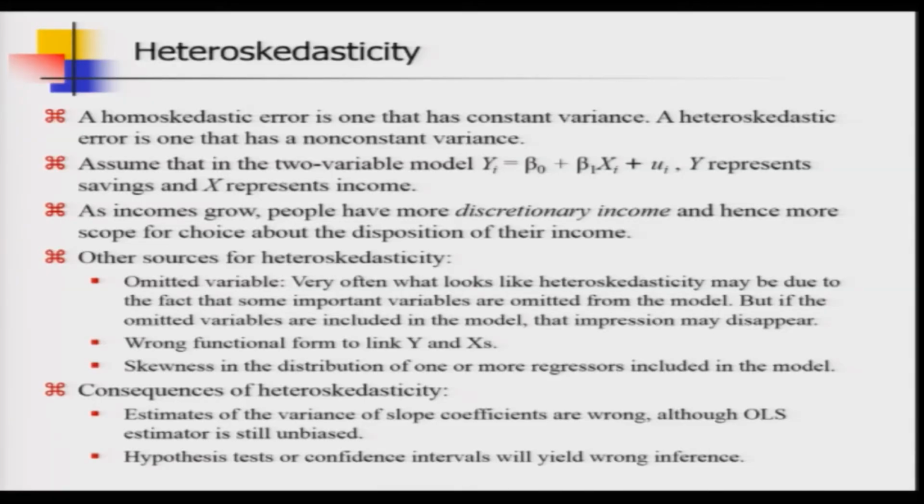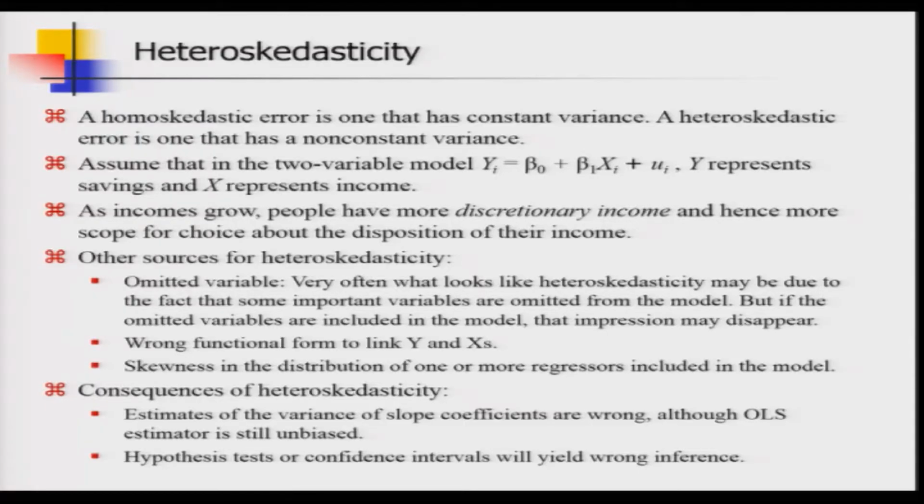Now here I am showing you this simple linear regression model where y represents savings and x represents income, and as incomes grow, people have more discretionary income, and hence there is more scope for allocation or reallocation of their income in the savings and consumption baskets. So basically what I want to say is that as you have more income, you have better flexibility and you can decide more flexibly how much you are going to save and how much you are going to spend, because you have enough income.